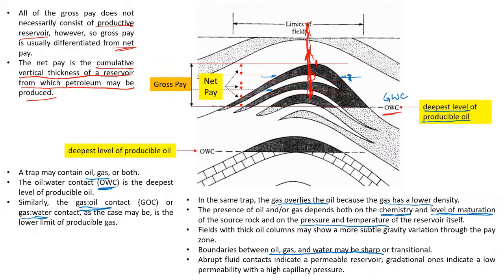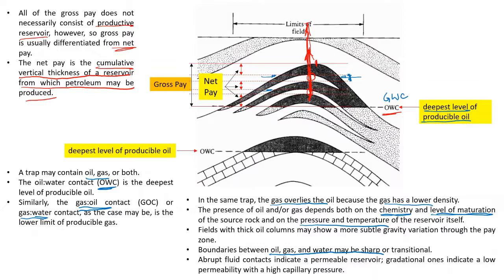Now the abrupt fluid contacts indicate a permeable reservoir. Remember that: if the reservoir is permeable, the gas being lighter will go to the topmost layer, then will come the oil and then the water. So there will be a very clear cut distinction between the oil water contact and gas oil contact.